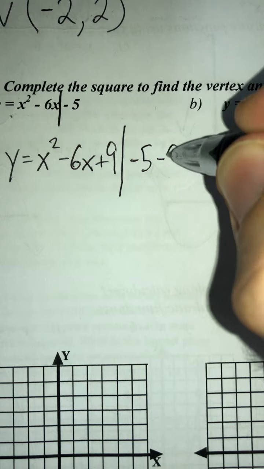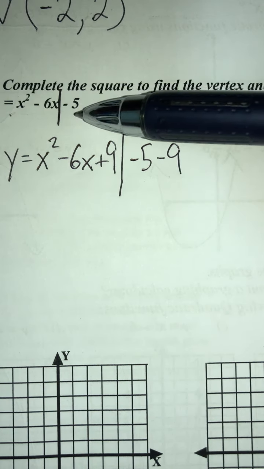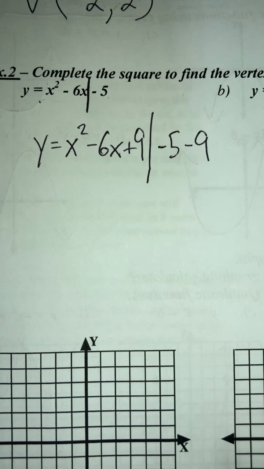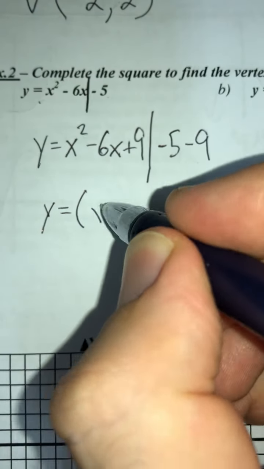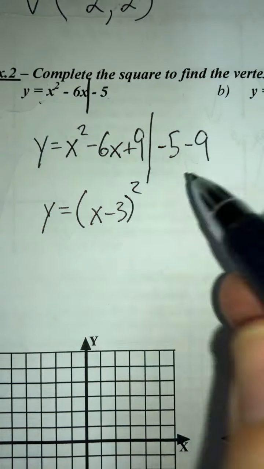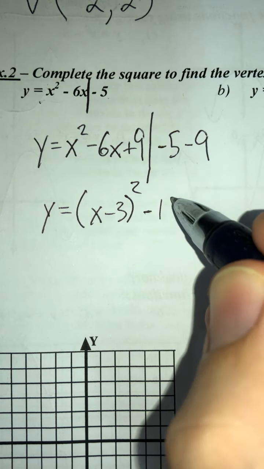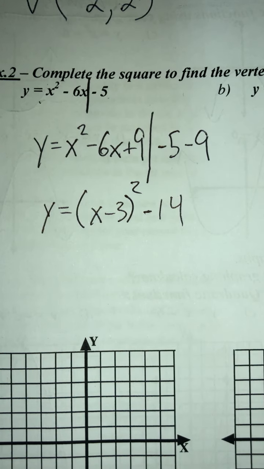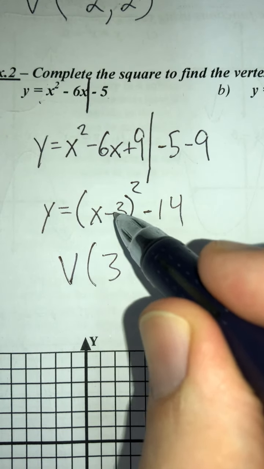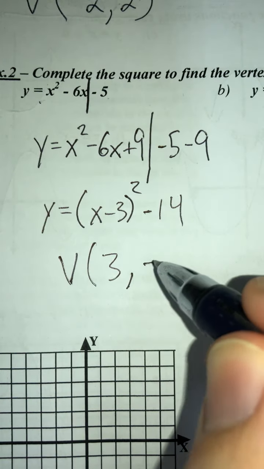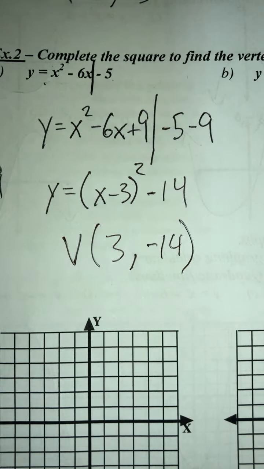I need to also subtract 9. And again, the minus 5 comes from here. So this part's my perfect square. y equals x minus 3 squared, minus 14. So therefore my vertex is at 3, again the opposite of this one, and minus 14.